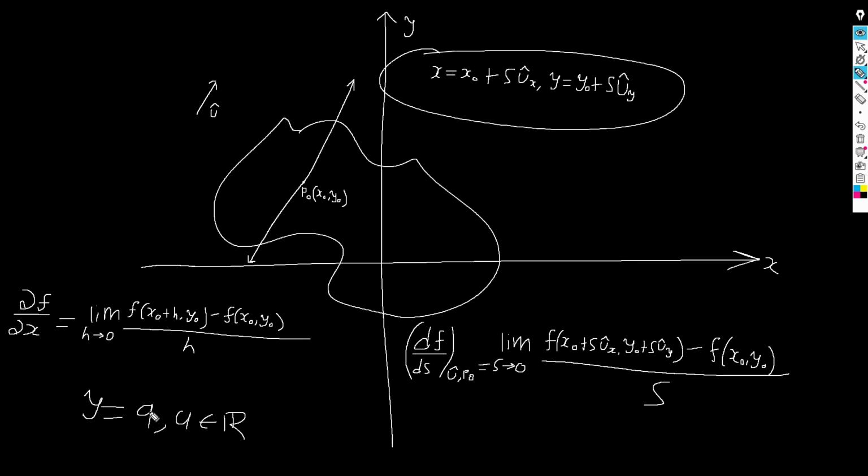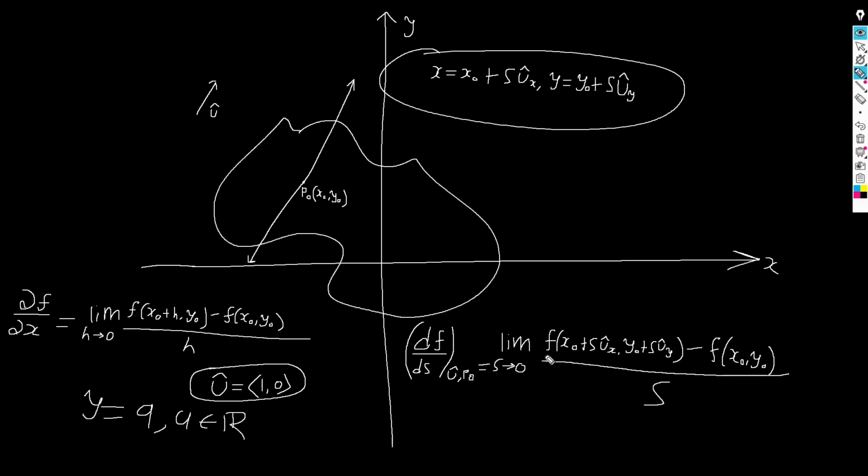And in the plane y equals a, the unit vector that we're differentiating in the direction of is obviously (1, 0), because this is the unit vector that's parallel to y equals a in the xy plane.